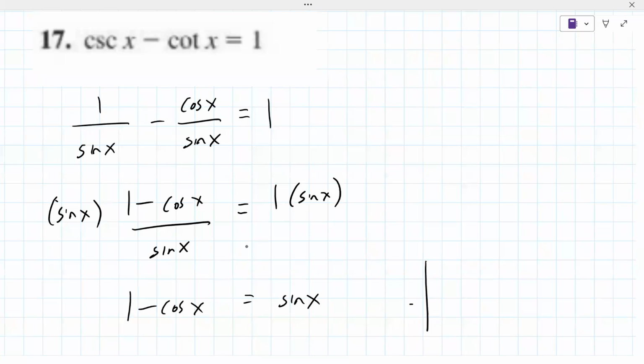One is to look at the graph. The graph of sine does this. Cosine is flipped and moved up one.